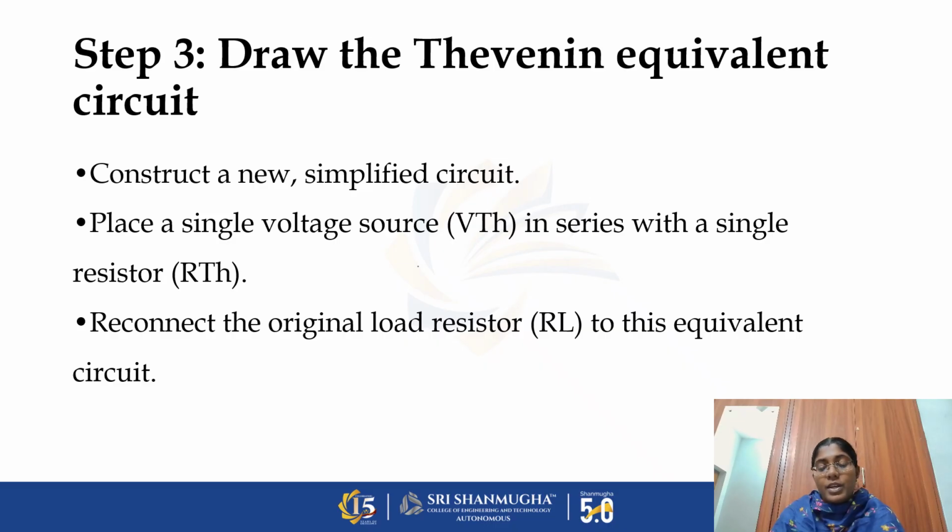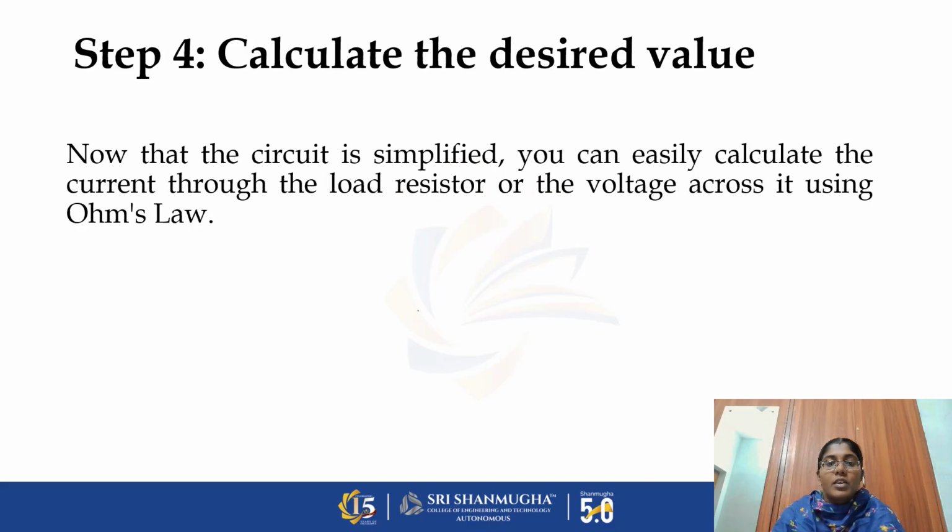Now you can reconnect the load resistor to this equivalent circuit. After connecting all the elements, you can easily calculate the current through the load resistor, or the voltage across it, by using Ohm's law.